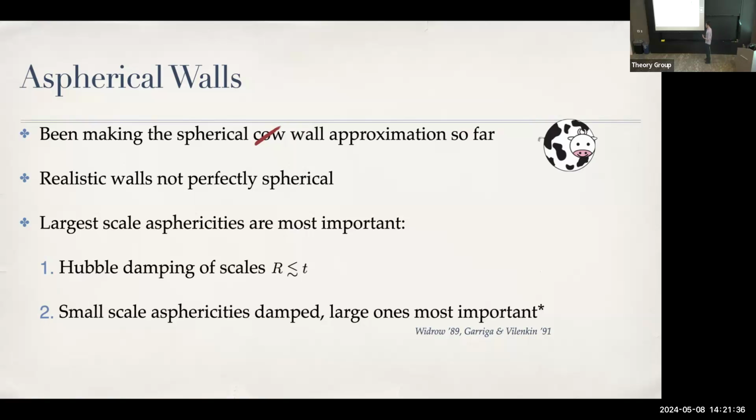The second reason why these small scale asphericities are not as important as the larger scale asphericities, like the typical mean ellipticity of my wall, is that you can actually do mode analysis, as Widrow and others have done for the collapsing and closed walls. And what they find is that actually the small scale asphericities are damped compared to the large scale asphericities. So large scale asphericities can grow dramatically and really hinder your collapse of your wall into a very small volume.